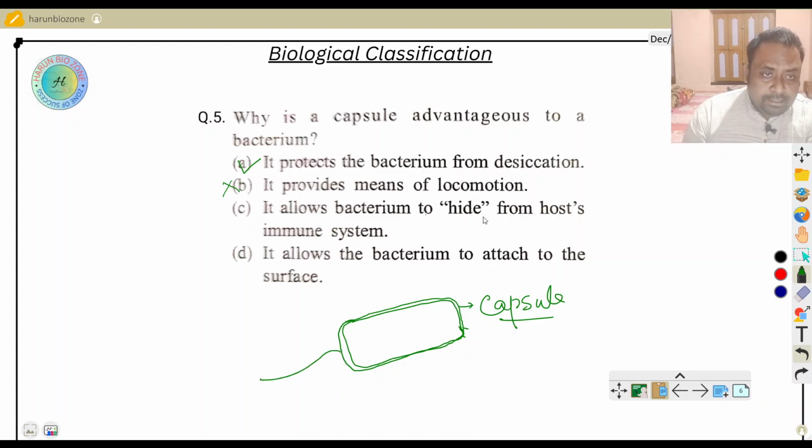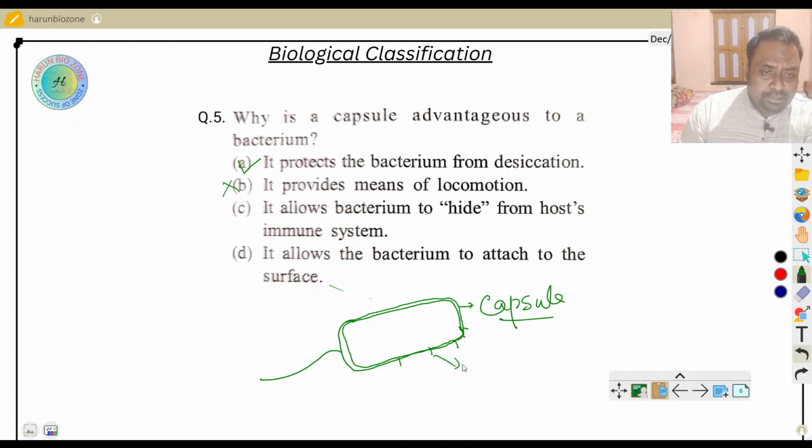It allows bacterium to hide from host immune system? Not hide, but protect from macrophagocytic cells. It allows the bacterium to attach to the surface? It is not always right, because attachment is caused by fimbriae.